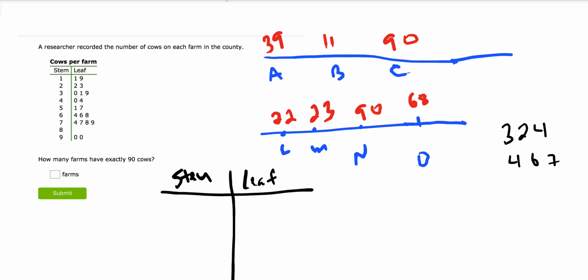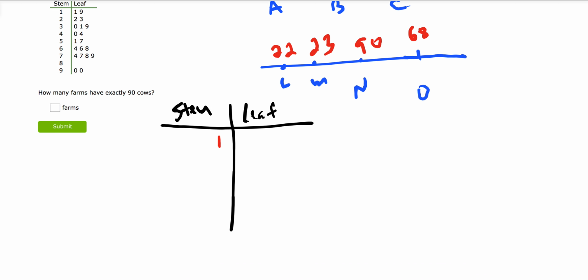Or let's just say they were all in the 300s, I would do it differently. But because it's all between 10 and 99, I can have the tens place right here and the other places to follow on the other side of this line.